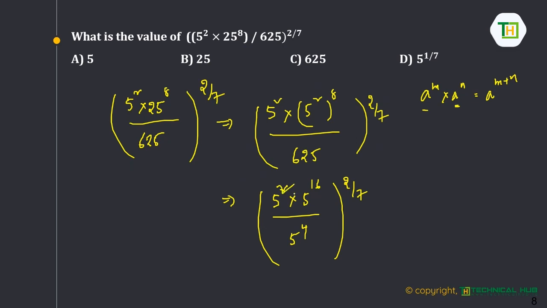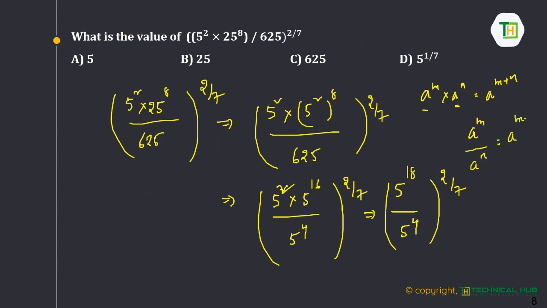Yes, this is of the form a power m into a power n, so you can add the powers. Then the numerator becomes 5 power 18 and the denominator 5 to the power of 4 whole to the power of 2 by 7. And you know one of the important formulas in algebra: a to the power of m by a to the power of n is equal to a to the power of m minus n.